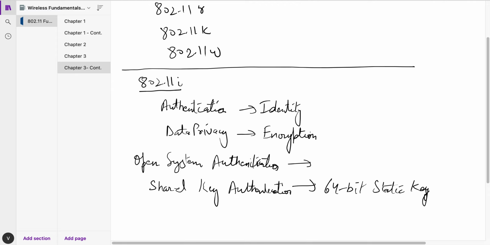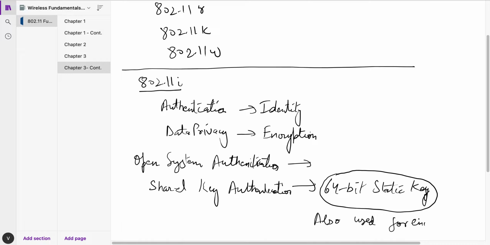Now, once the authentication was successful in shared key authentication, that same key is also used for encryption.